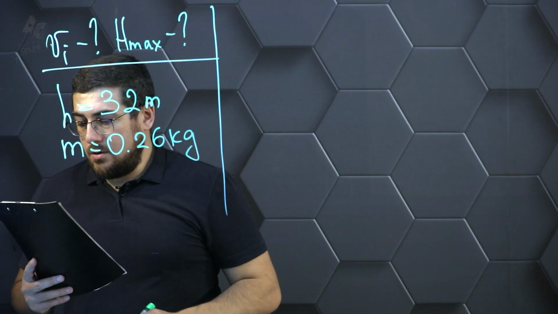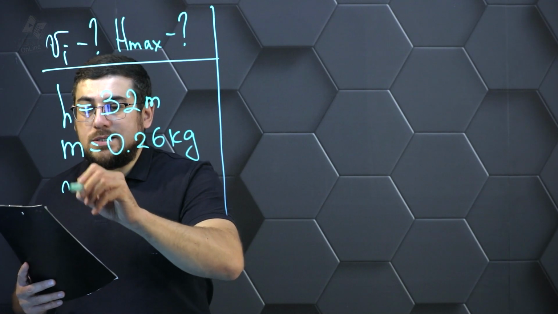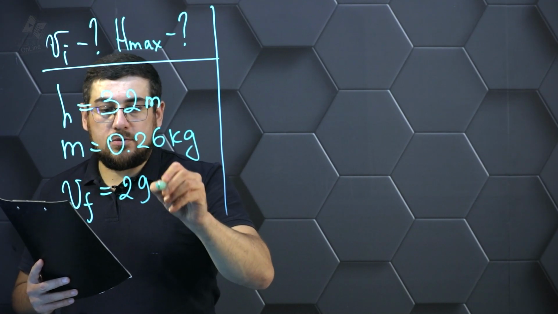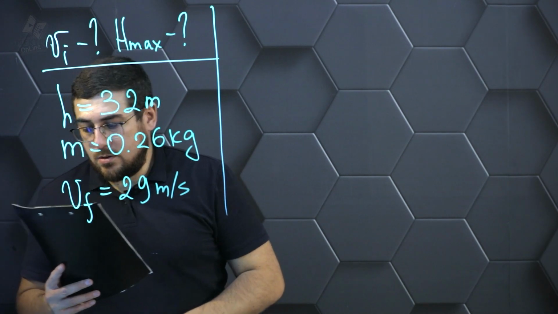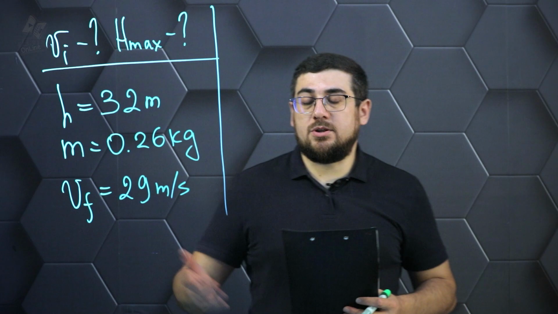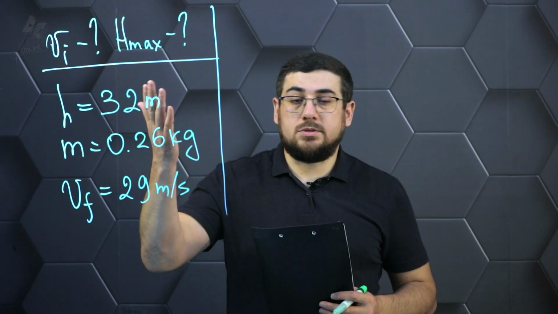And we know that when the rock hit the ground, its final velocity was 29 meters per second. Naturally, we should also take into account that air resistance is negligibly small. This will help us to solve the problem through the law of conservation of energy.